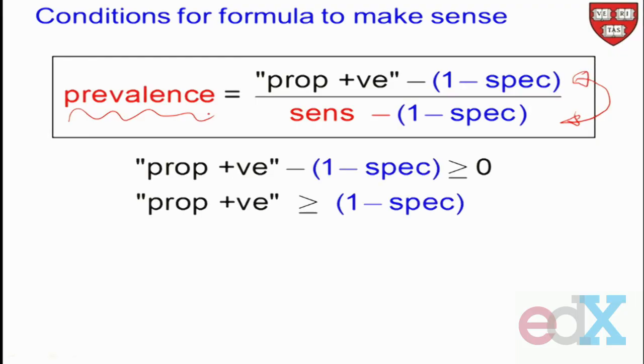So in order for them to be both positive, let's look at the numerator. This means that we want the proportion positive minus (1 minus specificity) to be greater than or equal to 0. That means that the proportion positive has to be greater than or equal to 1 minus the specificity.